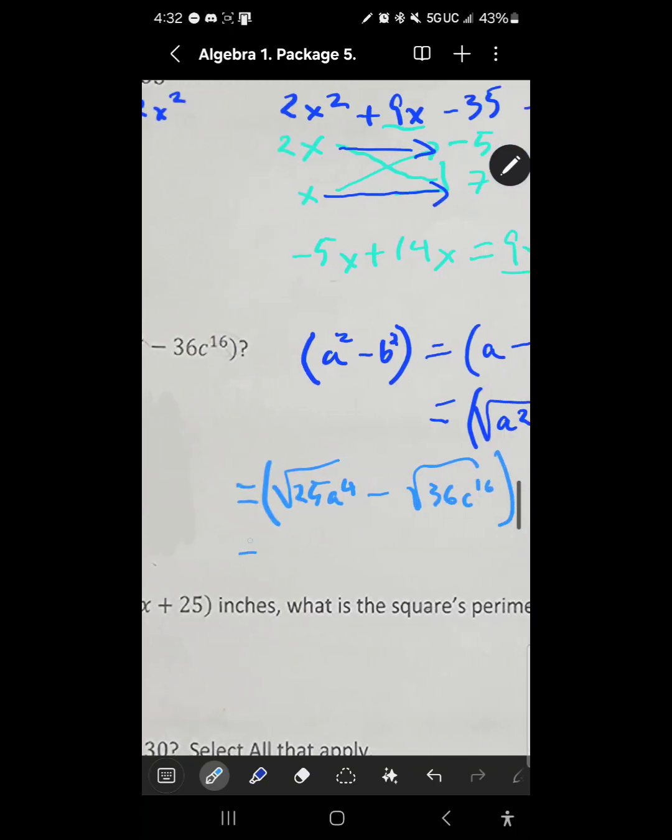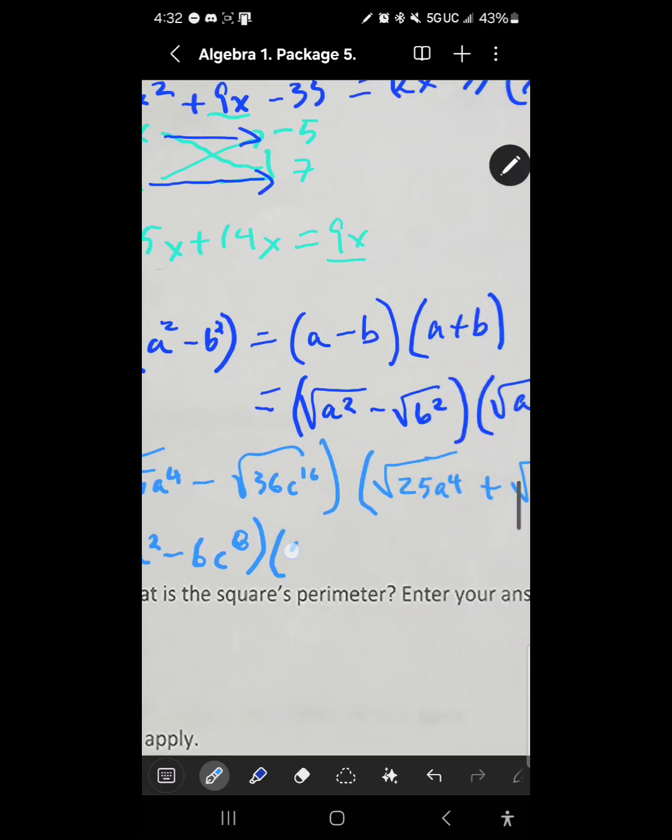Now, the square root of 25 is 5. The square root of a to the 4 is a squared, since 4 divided by 2 is 2. The square root of 36 is 6, and c to the 16 divided by 2 is c to the 8.